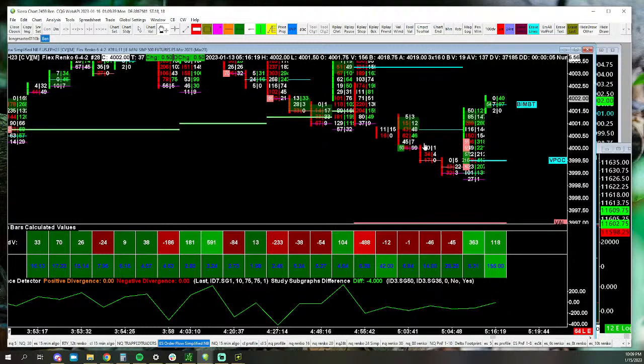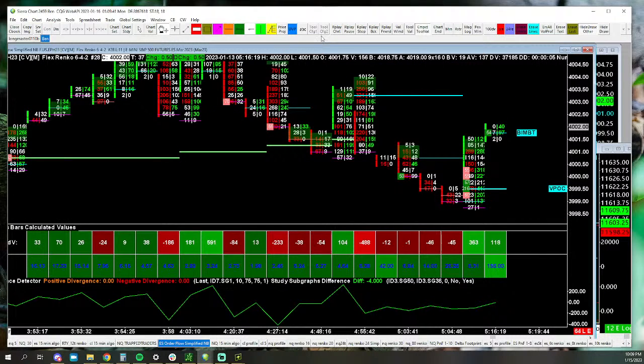And then we just do the exact same thing going the other direction. So now remember what we did last time, where we said if we have an area that has a lot of interest, we should expect that it goes back there, right? So we had lots and lots of sellers all the way up to this one. So we should expect the market to try to get back up there and save those who got trapped above it.